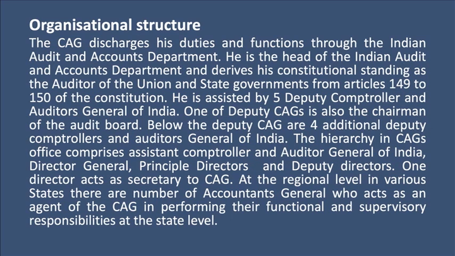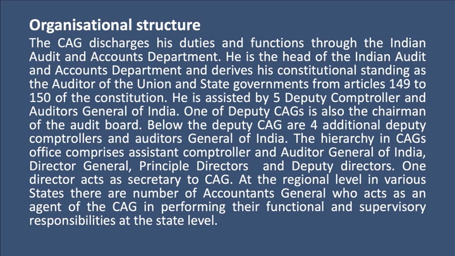Now, organizational structure of CAG. CAG discharges his duties and functions through the Indian Audit and Accounts Department. He is the head of the Indian Audit and Accounts Department and derives his constitutional standing as the auditor of the union and state governments from articles 149 to 150 of the Indian Constitution. He is assisted by 5 Deputy Comptroller and Auditor Generals of India.